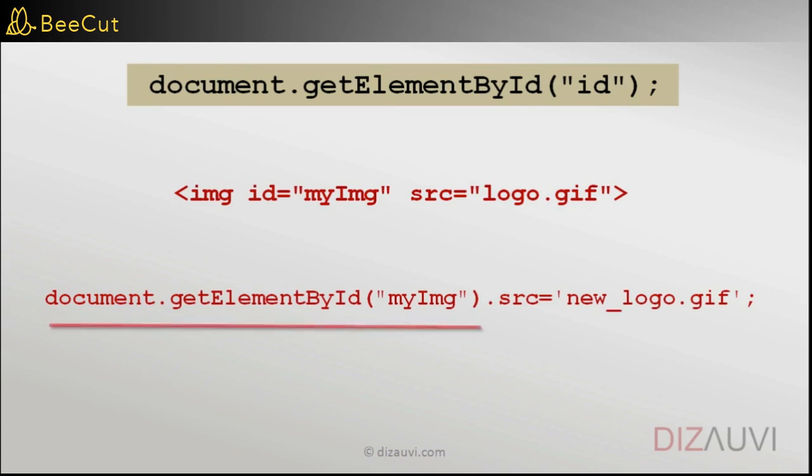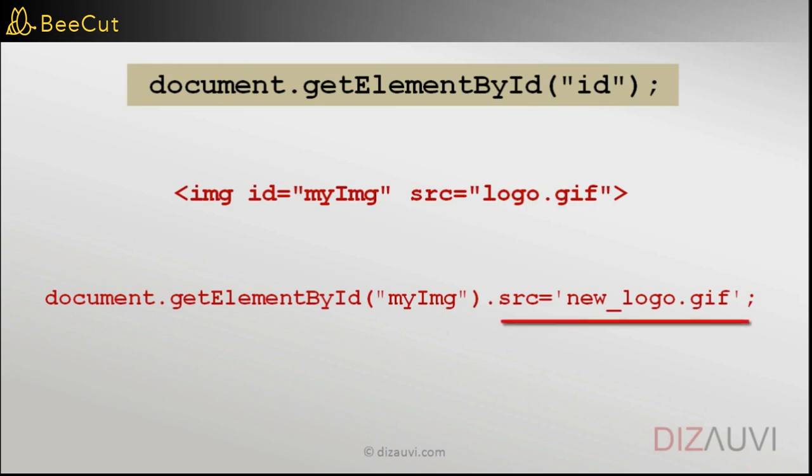So this part returns the element itself, and most standard attributes of HTML elements can be accessed as properties of the DOM element. For example, here we are changing the image source. So when this statement is executed, the image source will be changed to the new logo.gif file.